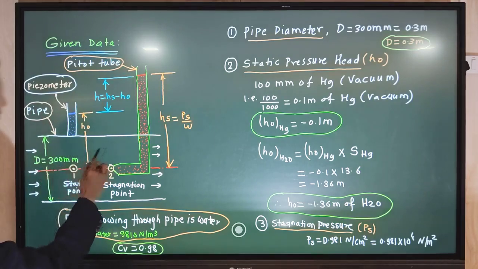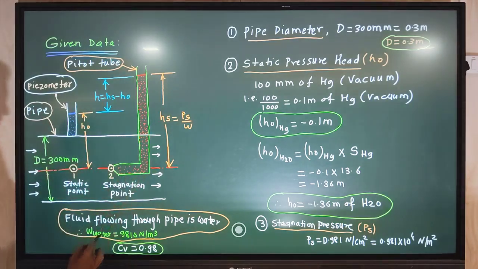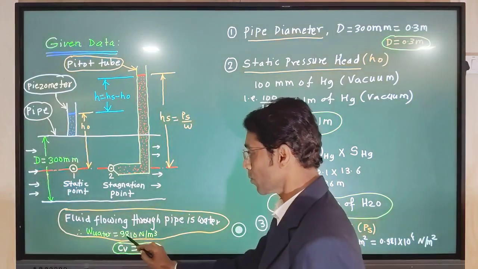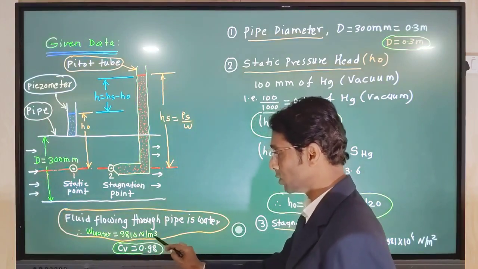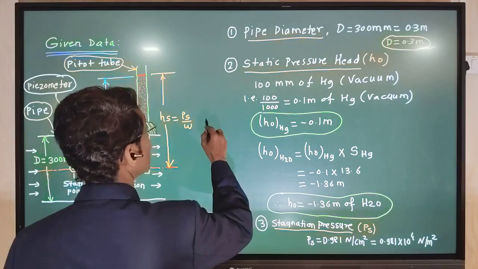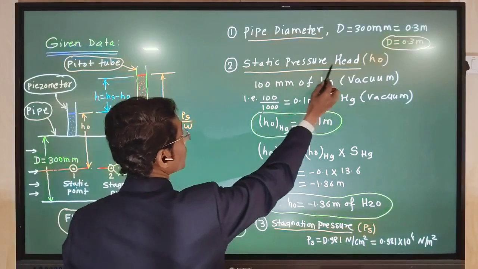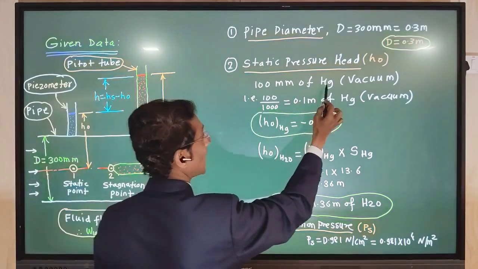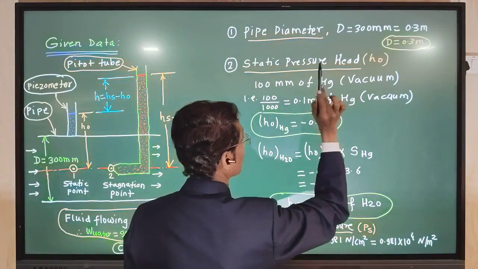The fluid flowing through this pipe is water. That is why, for the calculation purpose, we use the specific weight of water, that is 9810 Newton per meter cube. In the given data, static pressure head HO is given as 100 mm of Hg, vacuum.